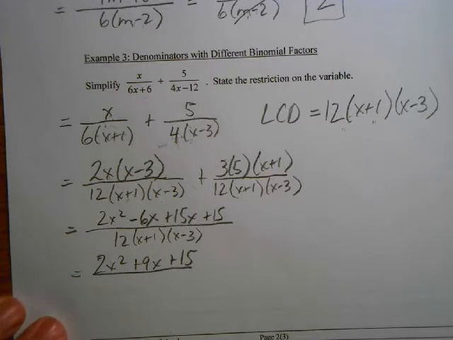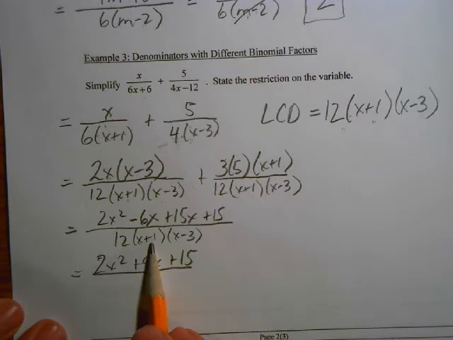Okay, and then on the bottom, so I'm looking at that. Now, there's a chance that maybe I should factor this because I've got these factors on the denominator, x plus 1, x minus 3.